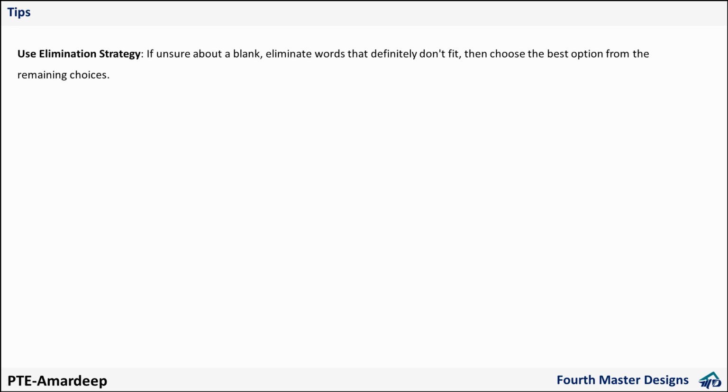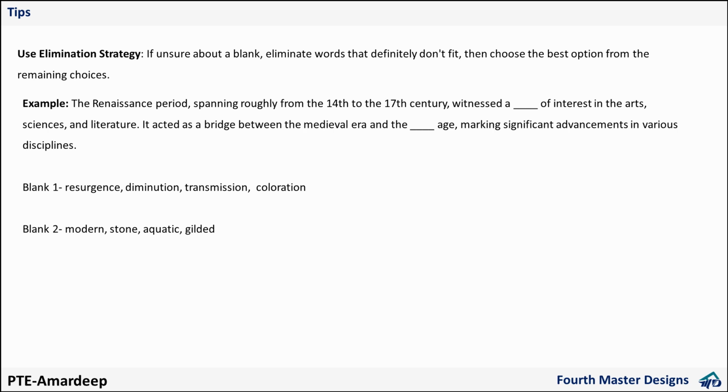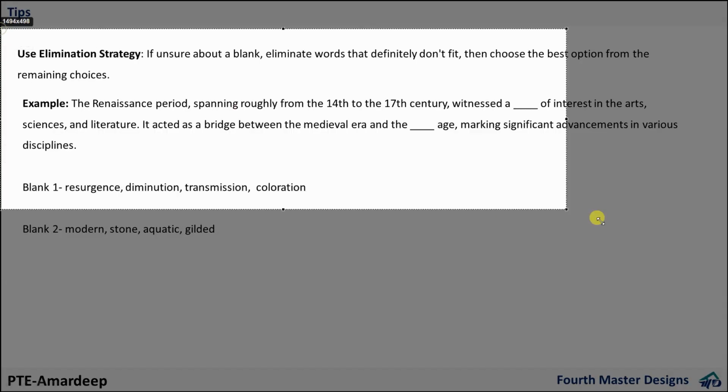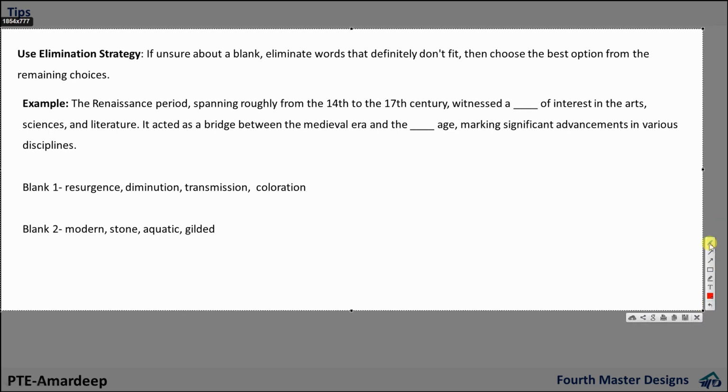Okay guys, then the third one: go with the elimination strategy. Now, what is the elimination strategy? So see here, the Renaissance period, spanning roughly from the 11th to the 17th century, witnessed a dash of interest in the arts.